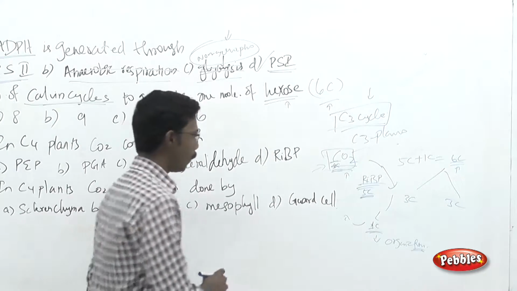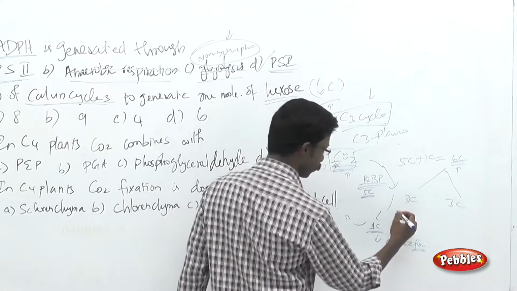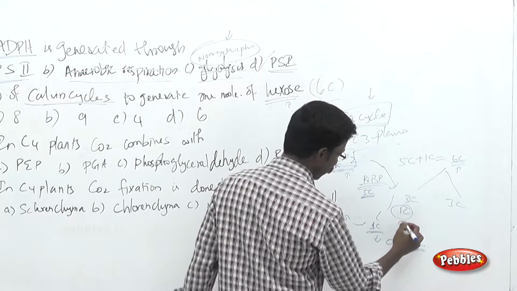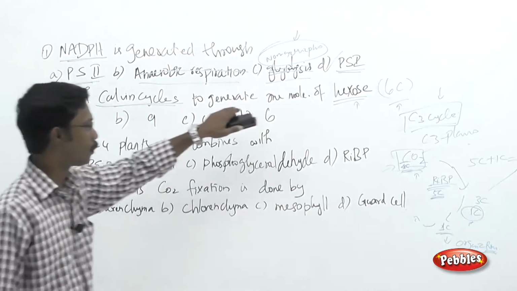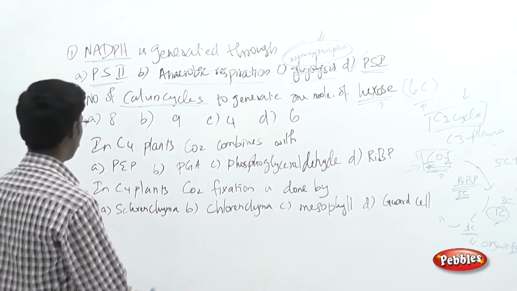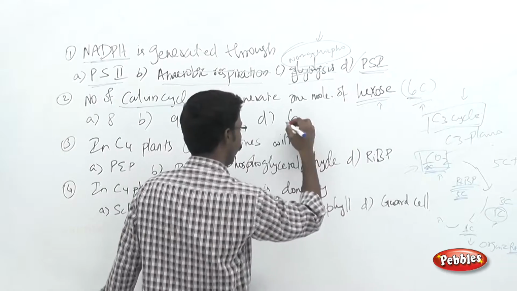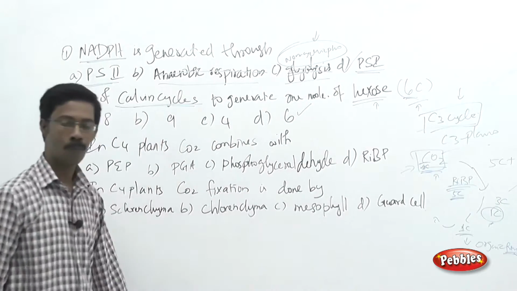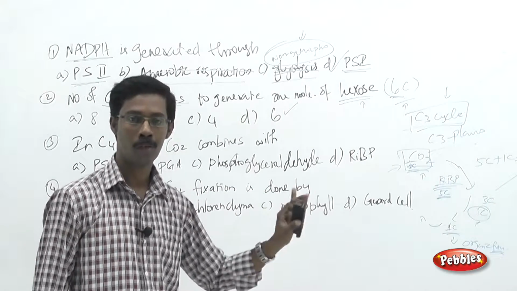This is what you have to remember. In each cycle it will fix just one carbon at a time. Okay. The question: number of Calvin cycles to generate one molecule of hexose. As I told you, hexose is a 6 carbon molecule. So you need 6 cycles to fix one hexose molecule or to form one glucose.